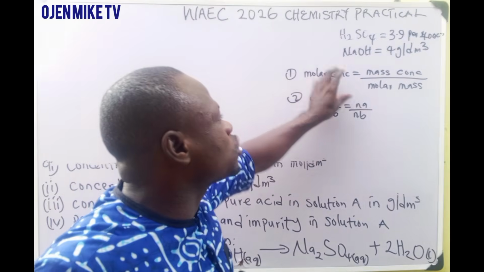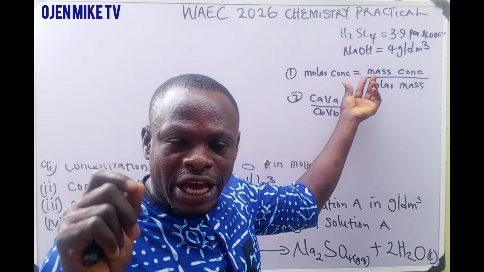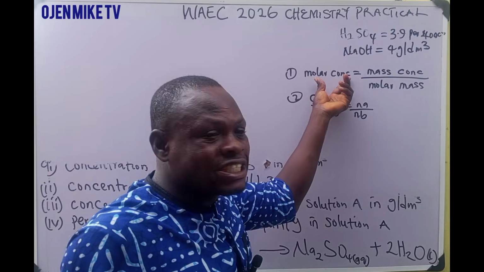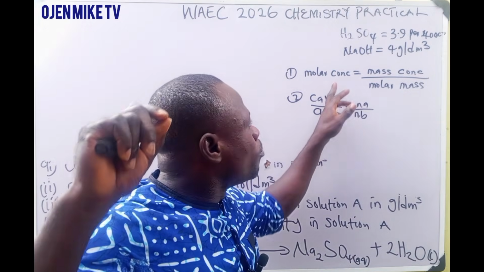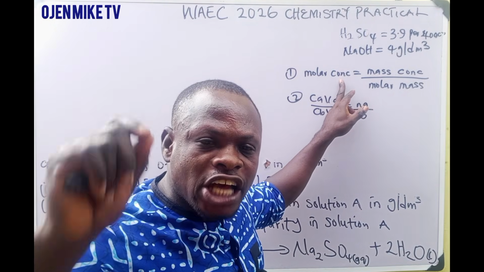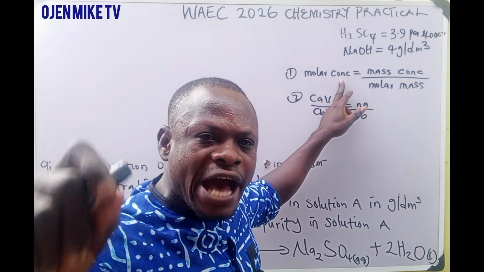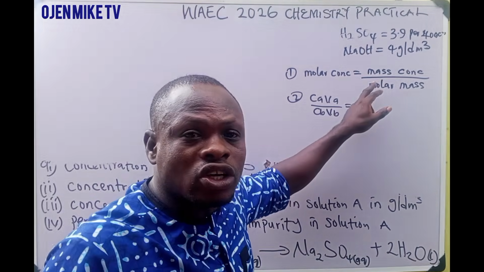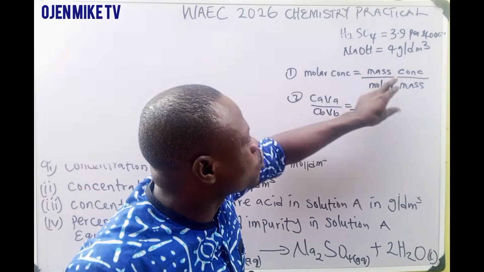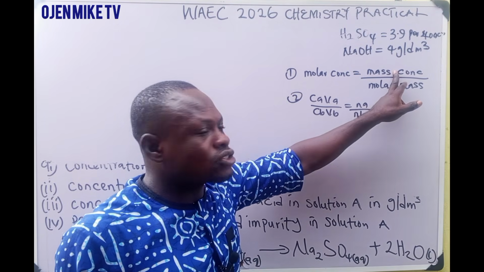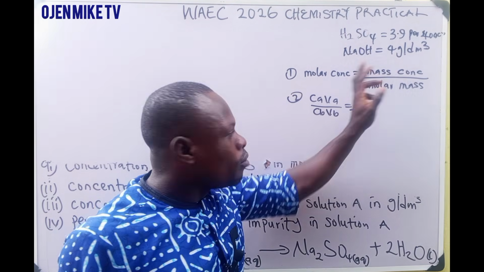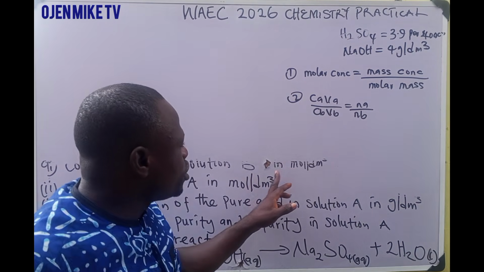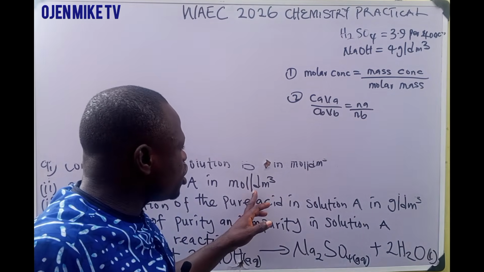I told you that moles per dm cubed is called molar concentration, while grams per dm cubed is called mass concentration. So when you are asked to calculate mass concentration, we make mass concentration the subject of formula. But in this one now, we are asked to calculate concentration of B in moles per dm cubed, concentration of A in moles per dm cubed.